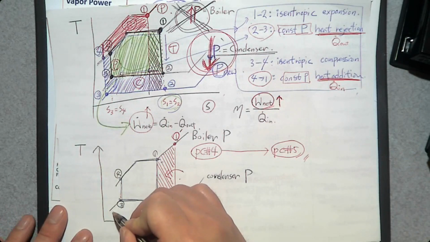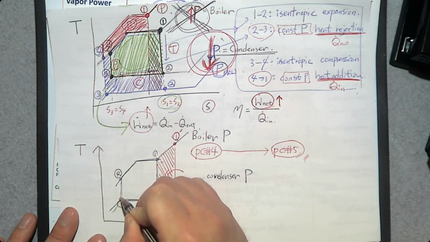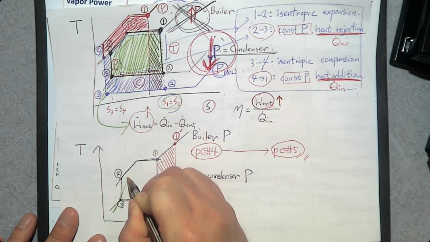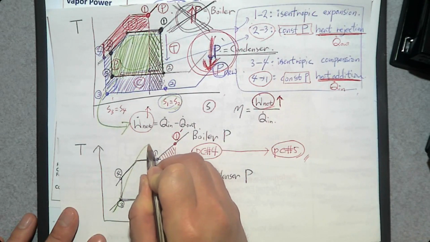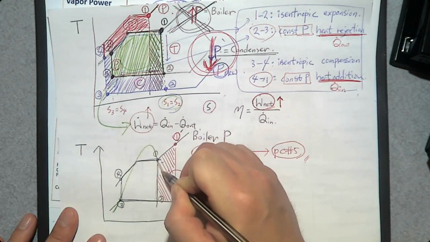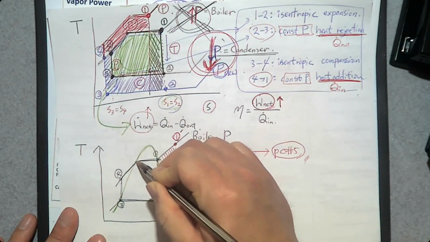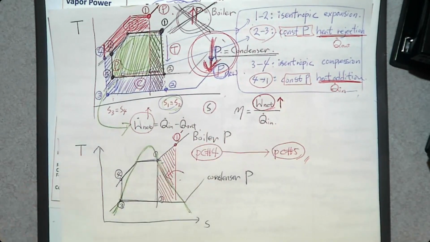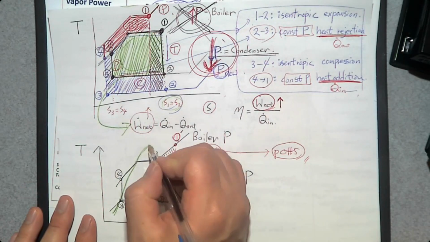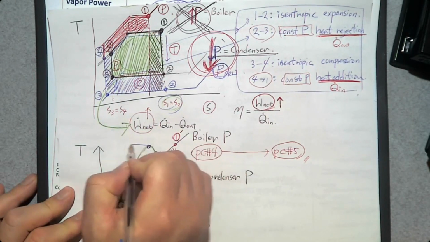And you may remember, from chapter 3, we studied saturation curve, which looks like that. So if you increase the boiler pressure, there will be one point which is on top of this saturation curve, that is called critical point.